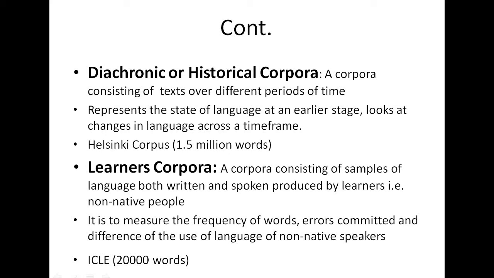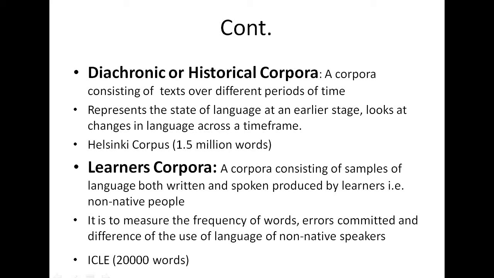Another type of corpora is learner's corpora, a corpora consisting of samples of language, both written and spoken, produced by learners, that is non-native people.